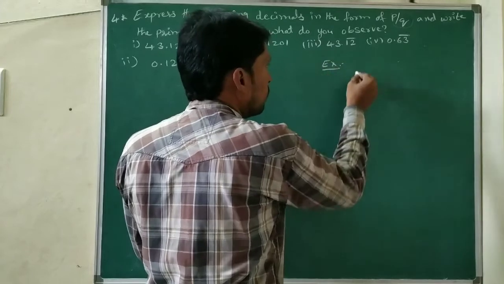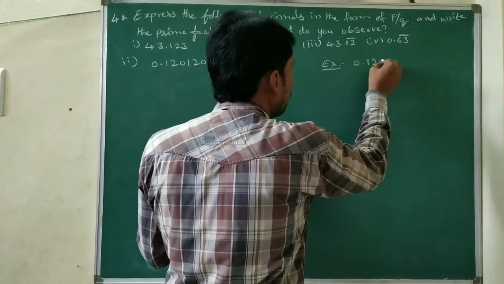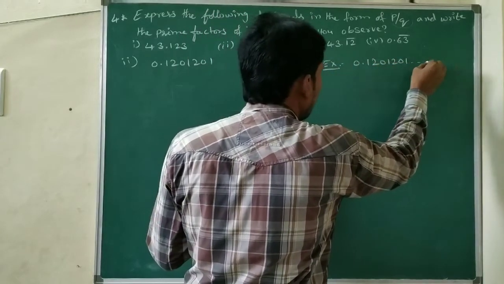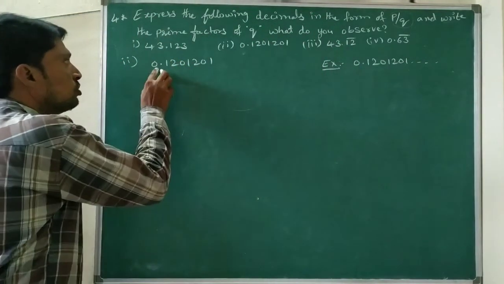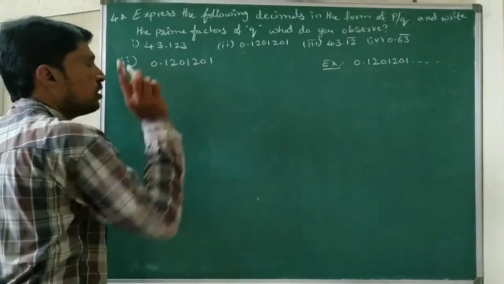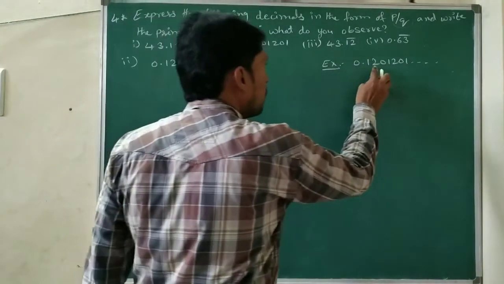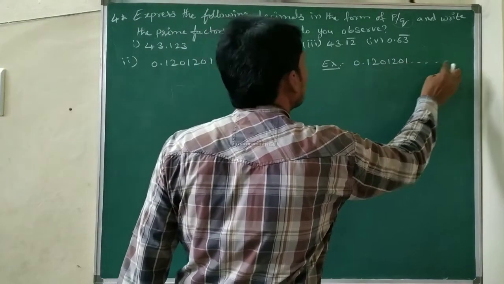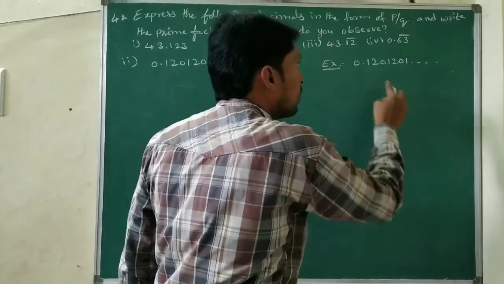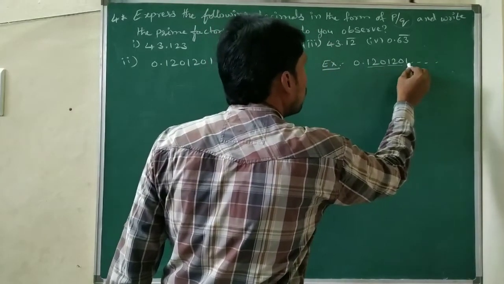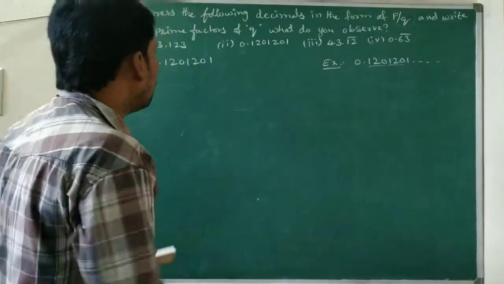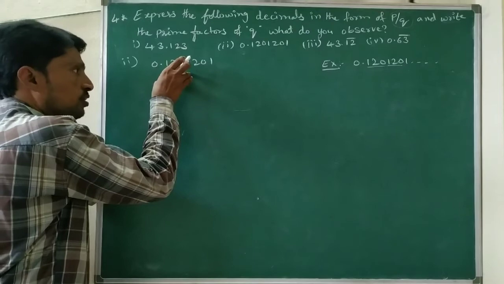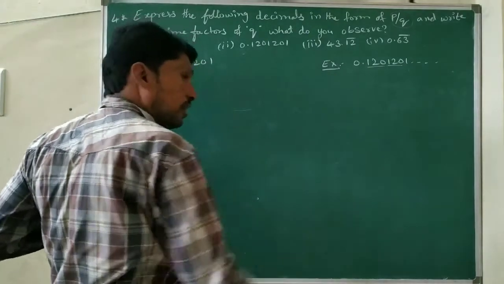This is an example only: 0.12012001, and so on. Just observe these two problems. 0.12012001 stops. And 0.12012001 going on means it is repeating: 120, 120, then next also we are getting 120, 120 only. Yes? So how we can do this one and this example also, we will explain now.